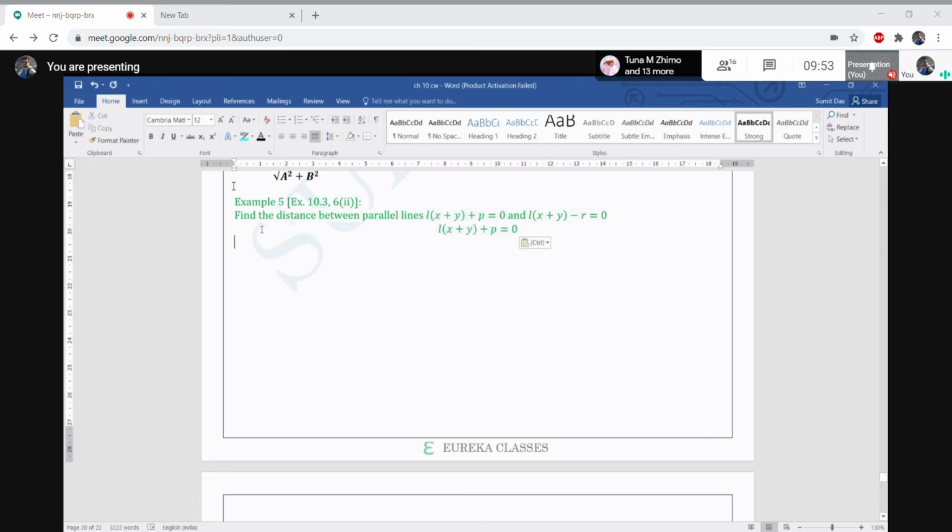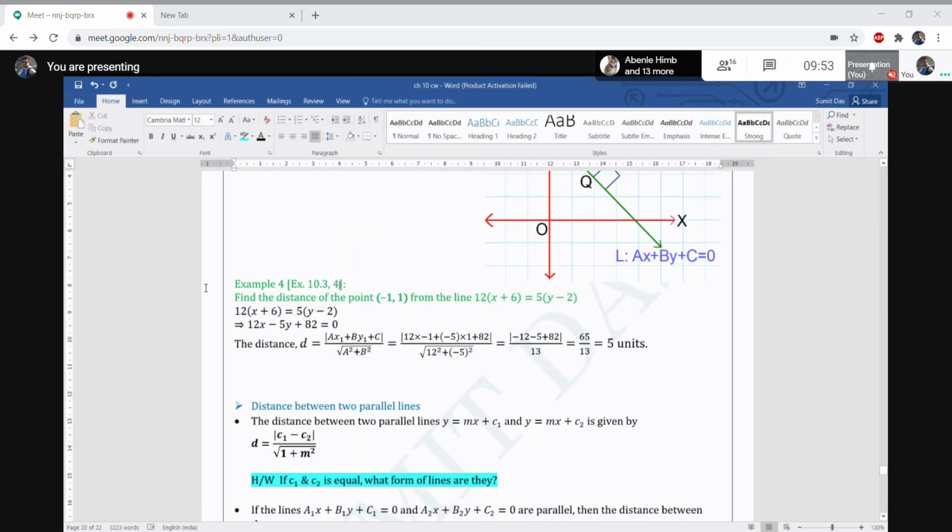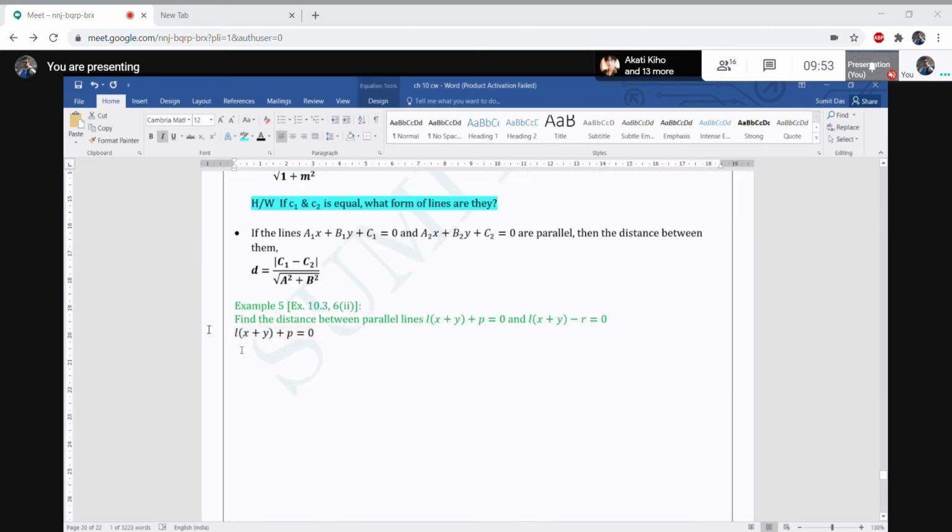We have to write both parallel lines in y equal to mx plus c form, right? So we'll write like this. We'll write lx plus ly plus p equal to 0, or you can just write equal to minus p.